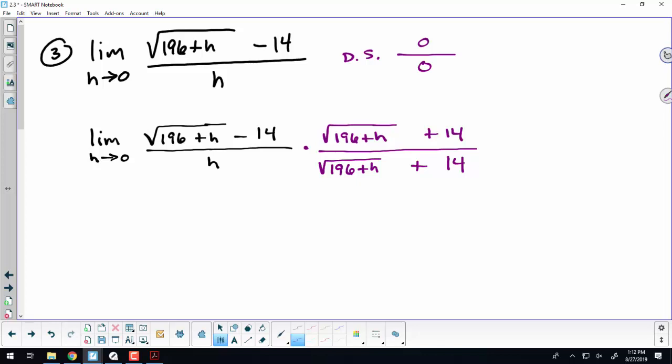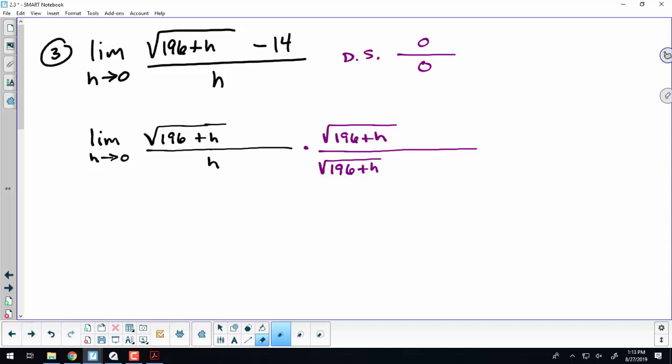This might be a silly question, but for conjugate problems, let's say the 14 wasn't there at all and it was just the square root. Would there be a different process, or is it just the same thing, just there's no 14 now? Yeah, if it was just that, then we would just multiply by this. It wouldn't be a negative square root of 196 plus h.